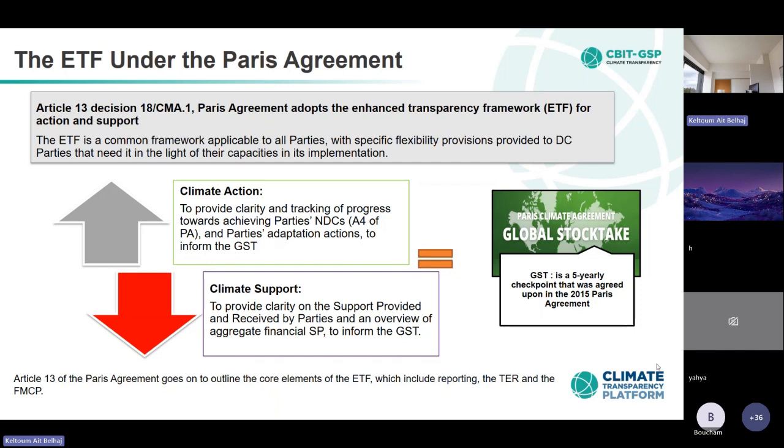And all of this information is to inform the global stocktake of the Paris Agreement, which is, as I mentioned previously, a 5-year checkpoint. And its main role is to assess the collective progress toward the global goals of the Paris Agreement.